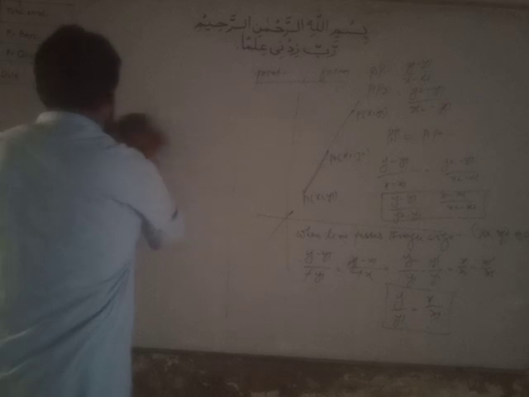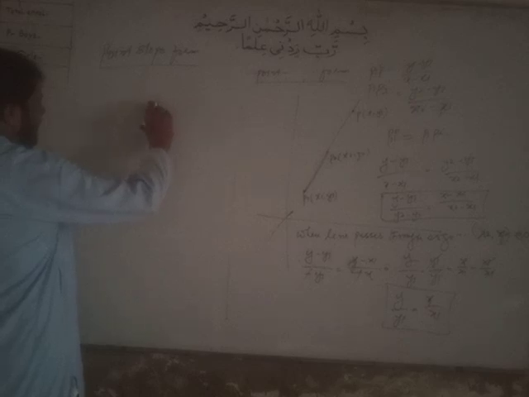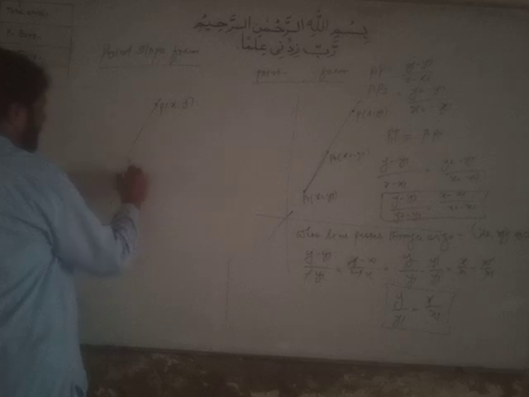Now for point slope form. Point and slope form. Here, this is the point, this point is P (x, y), and this point is here P1.